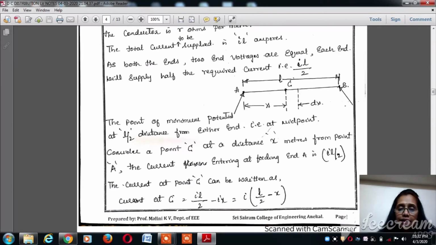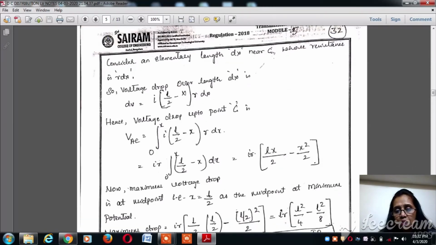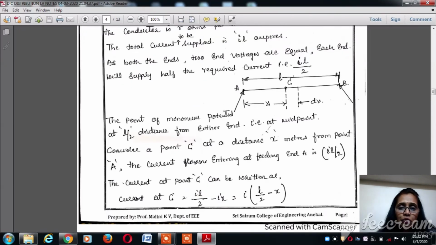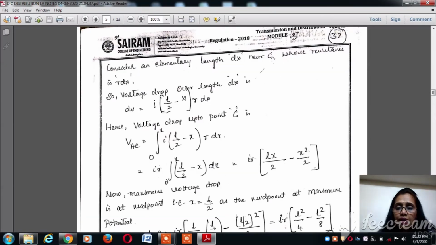The current at the point C is the incoming current IL divided by 2 minus the current in the section, which is I into x. If we simplify this equation, it is I into L divided by 2 minus x. Now to find the point of minimum potential, let's consider the elementary section dx, whose resistance is R into dx.